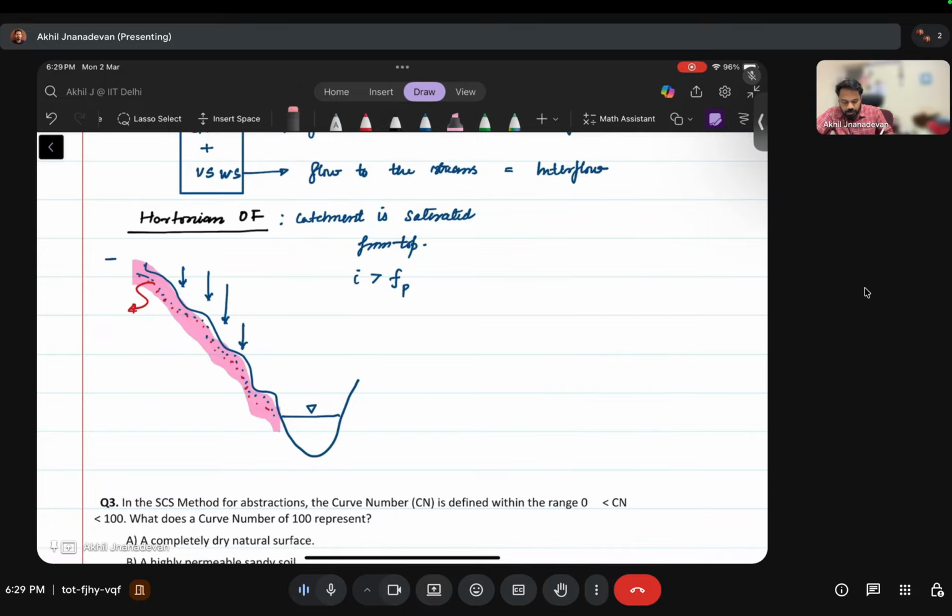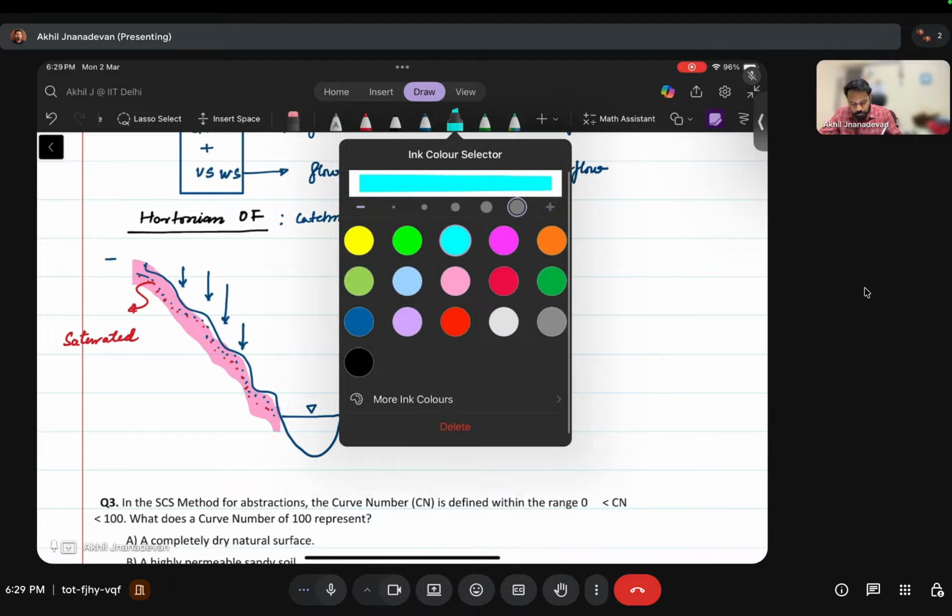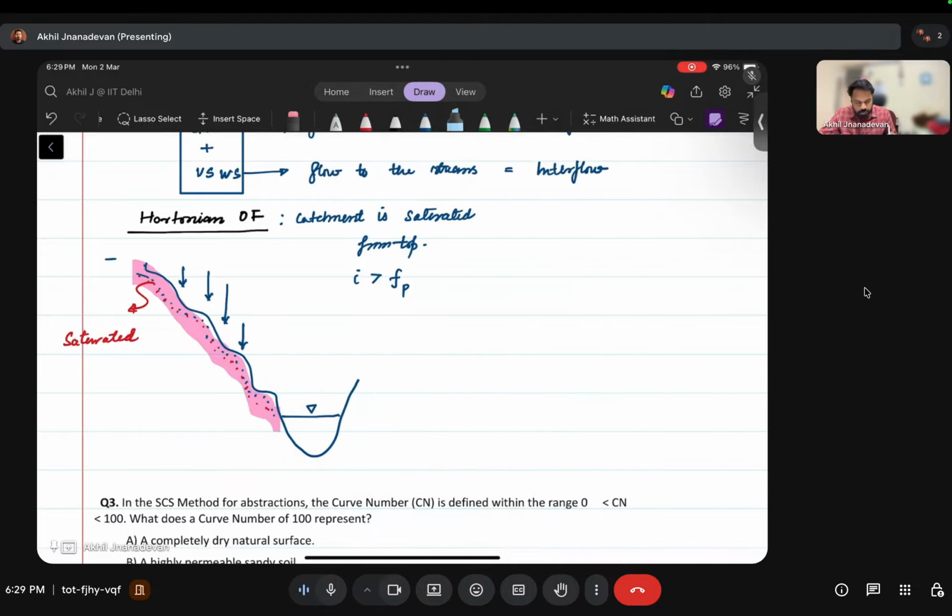Below this it will be unsaturated, as the intensity of rainfall is very high compared to the saturation capacity of the soil. This particular layer gets saturated. Once these layers get saturated, water gets ponded and flows along the slopes. Along the terrain slope, water gets ponded, starts flowing and meets the river.